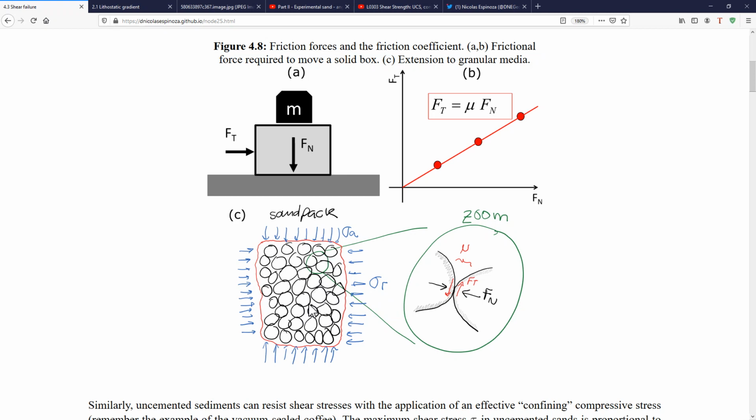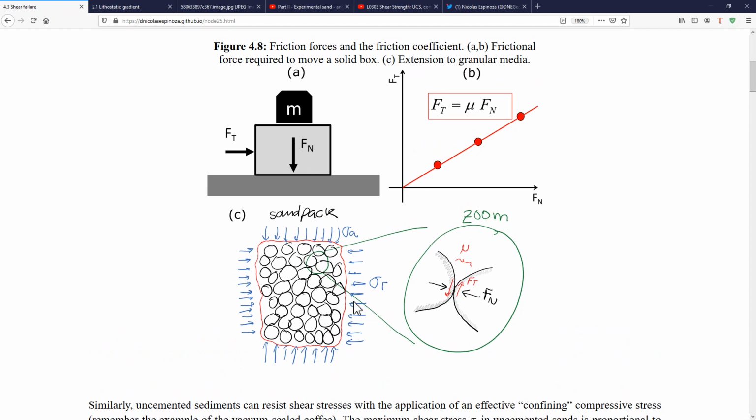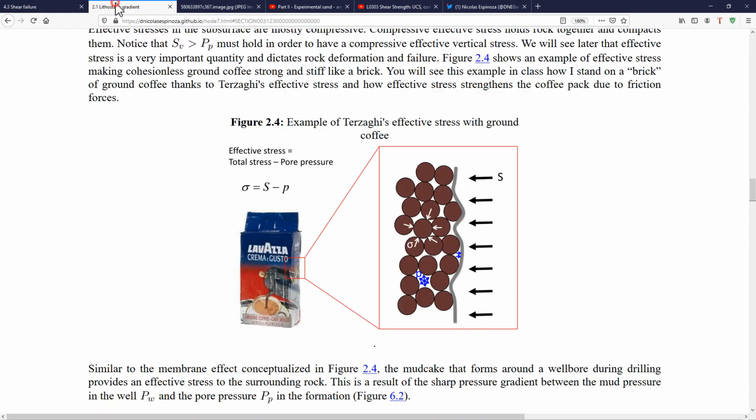And that's a little bit more difficult to see with the naked eye, but I have a good example about this case. A case of an uncemented granular material which is quite strong, and you can purchase that in the supermarket. It's a package of coffee under vacuum.